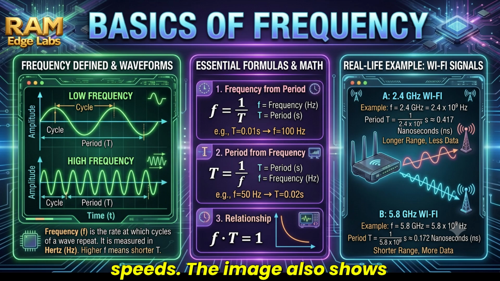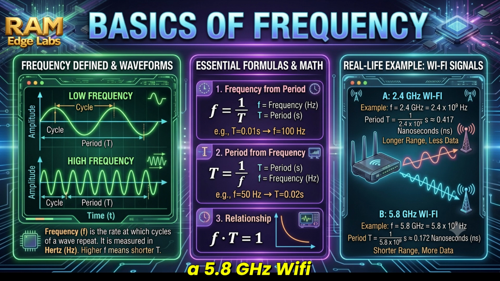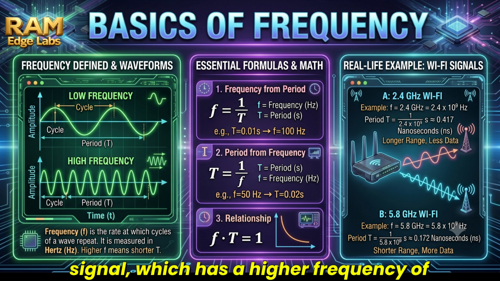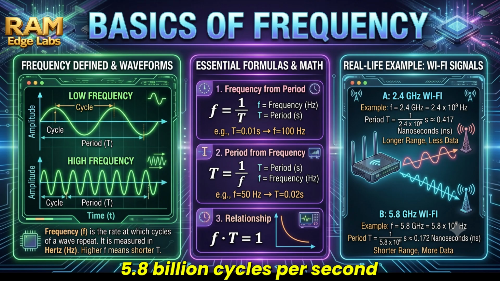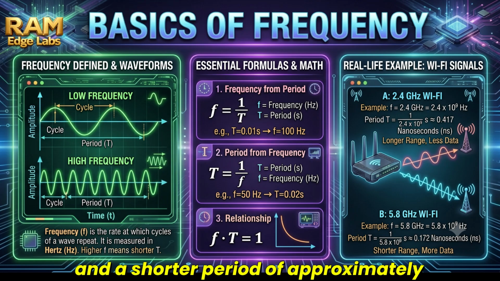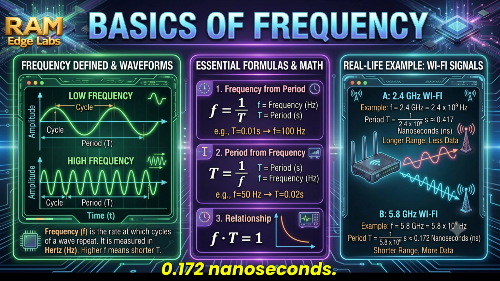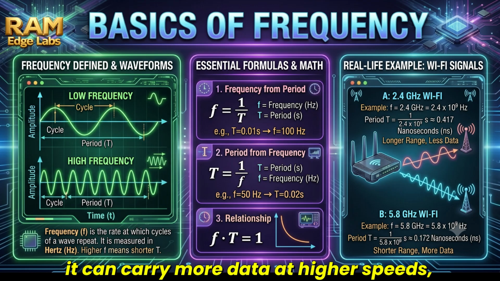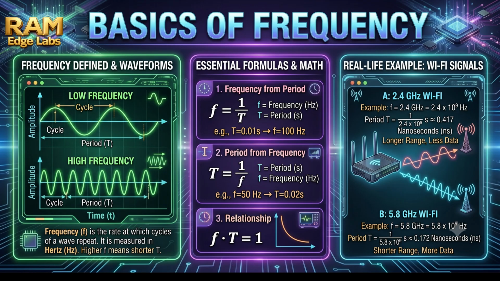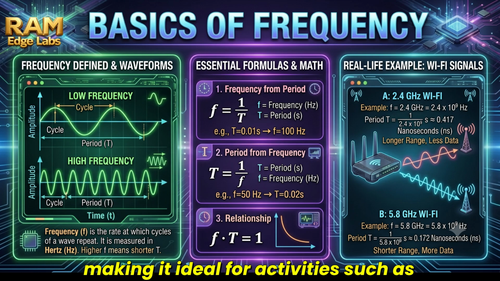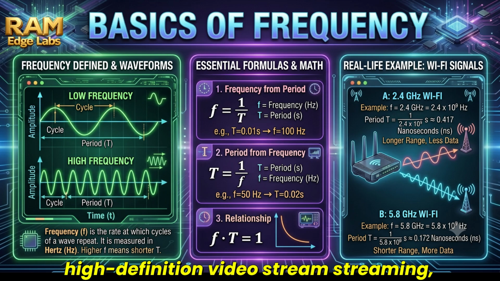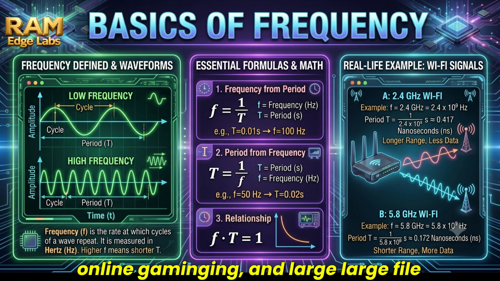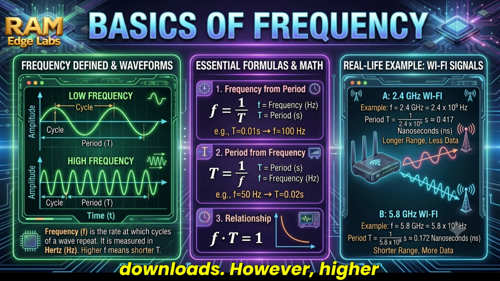The image also shows a 5.8 GHz Wi-Fi signal, which has a higher frequency of 5.8 billion cycles per second and a shorter period of approximately 0.172 nanoseconds. Since the signal changes more rapidly, it can carry more data at higher speeds, making it ideal for activities such as high-definition video streaming, online gaming, and large file downloads.